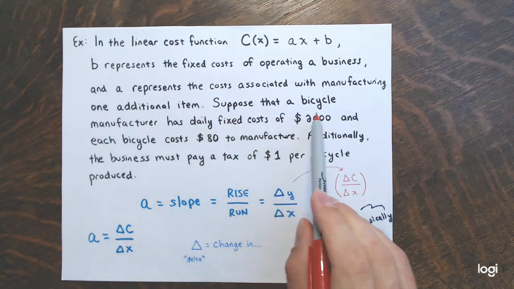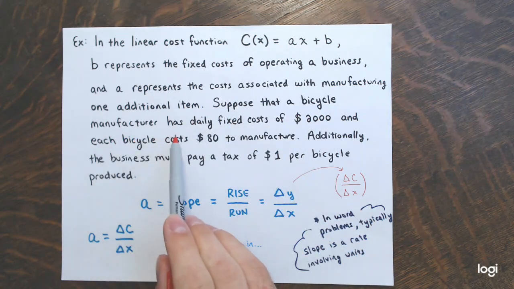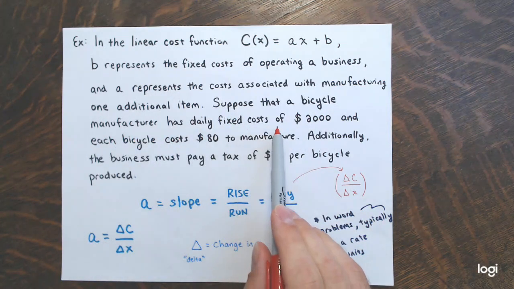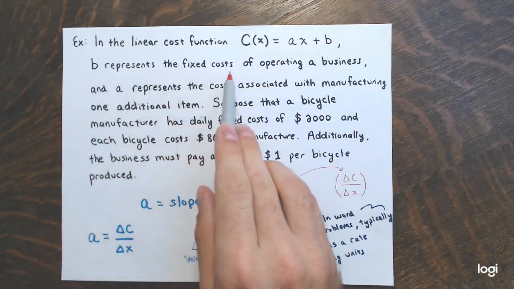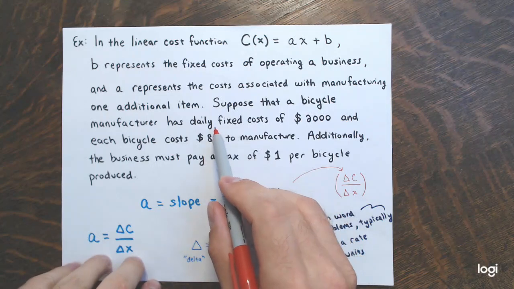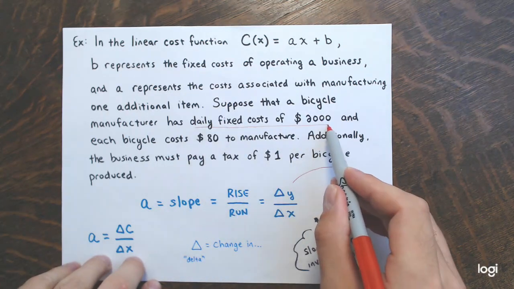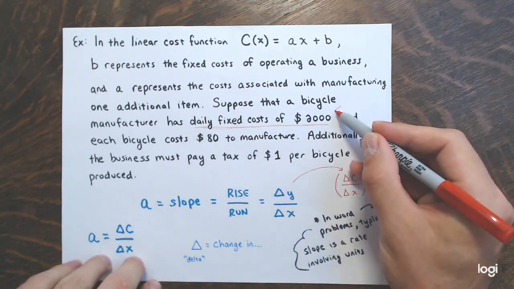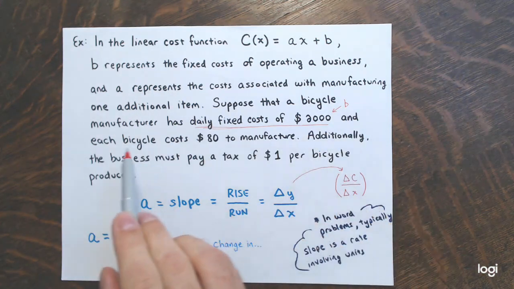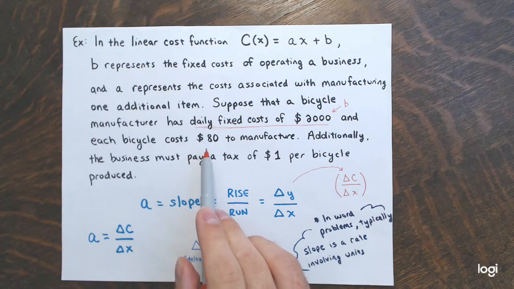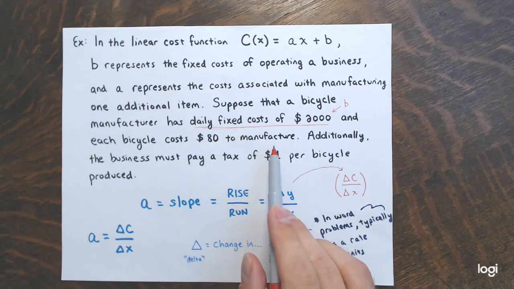So suppose that a bicycle manufacturer has daily fixed costs of $2,000. So that's the b, right? b is the fixed costs of operating the business. This daily fixed cost of $2,000, that's the lowercase b value. And each bicycle costs $80 to manufacture.